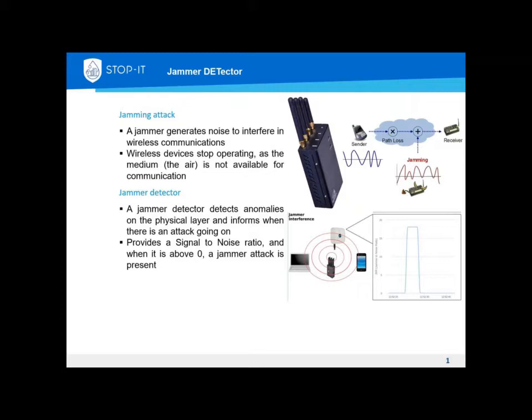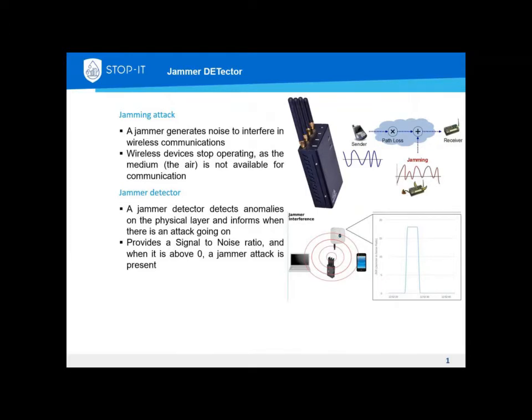It's a way to generate so much noise in the physical level of a wireless communication that you cannot even detect the wireless communication that was supposed to be received.